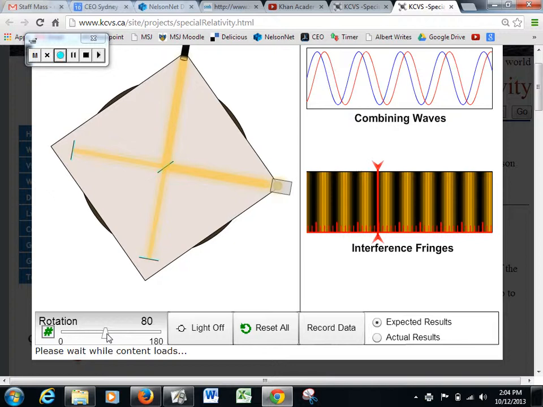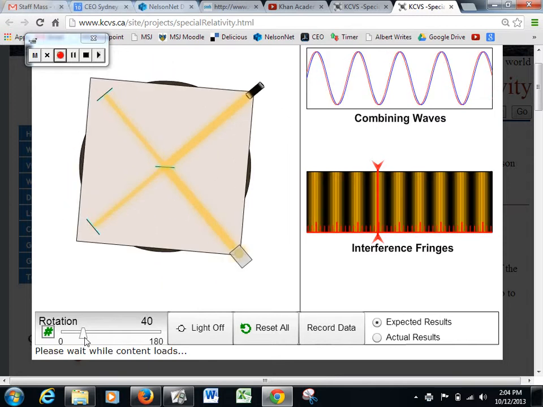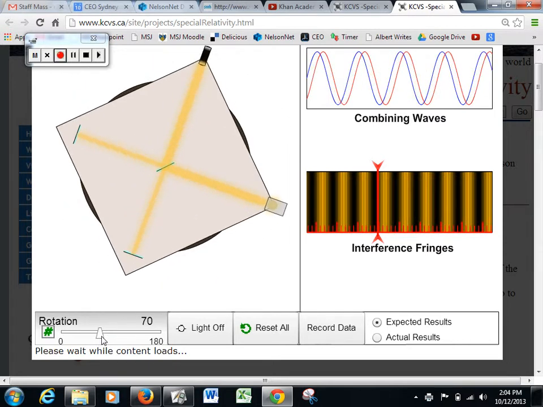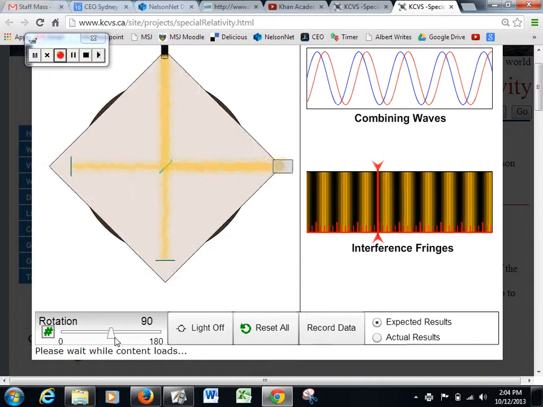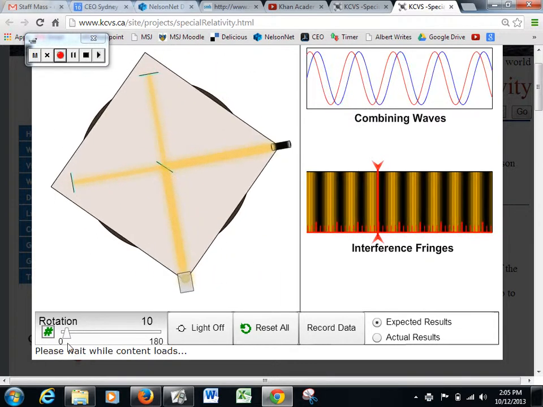Now the blue wave is heading more into the ether wind, and therefore the red wave goes in front. So as we rotate it, we're expecting to see the blue wave either lag in front or behind the red wave, because one path goes into the ether wind and the other path goes more across it.